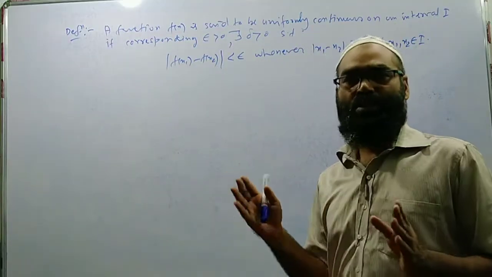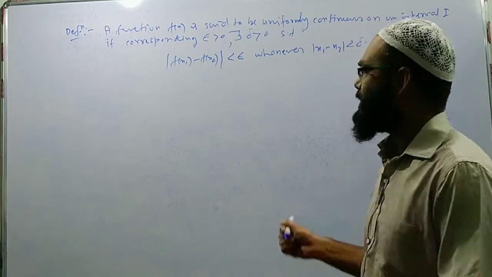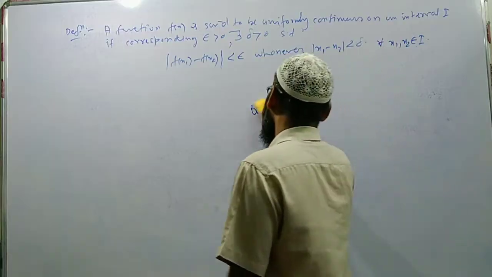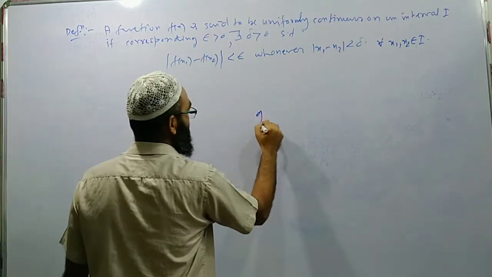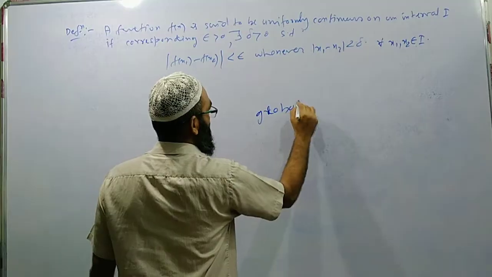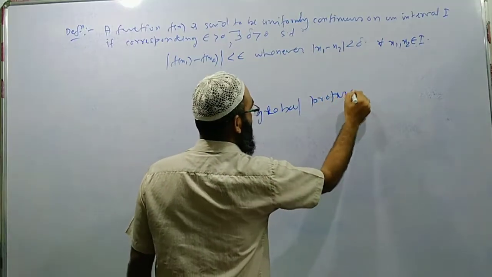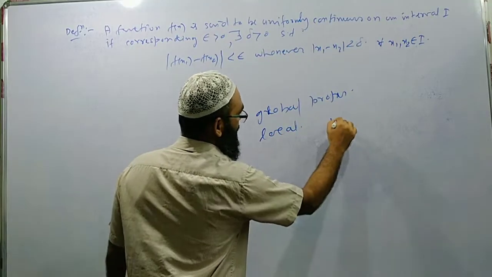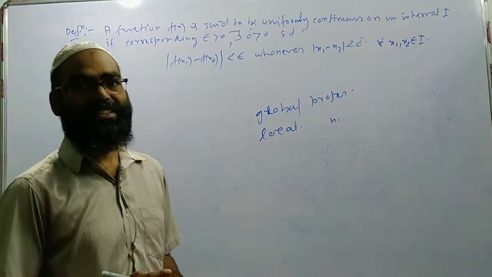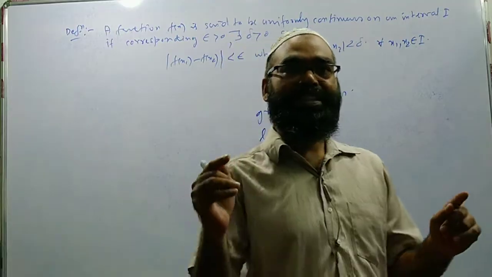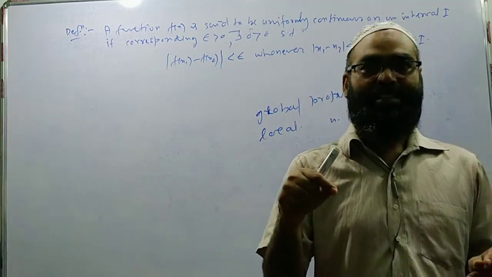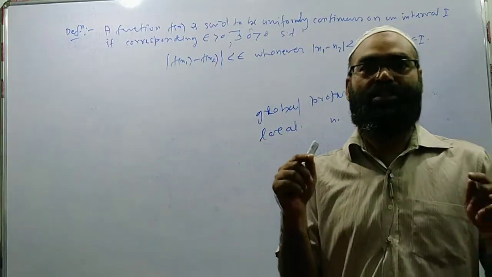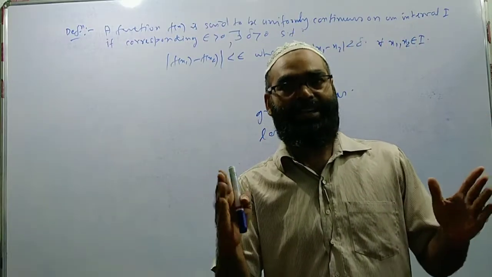Uniform continuity is a global property, whereas continuity is a local property. That is, continuity can be defined at a point, but uniform continuity cannot be defined at a point. Uniform continuity is related to an interval or a set.